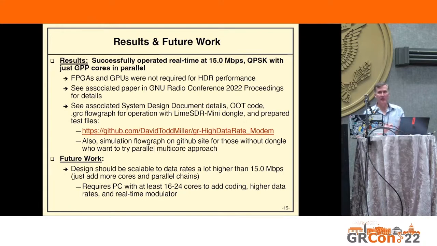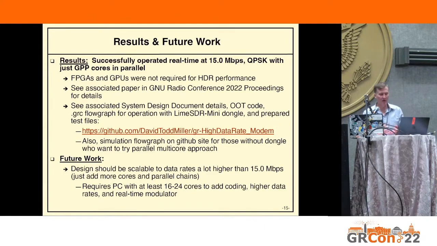I also put a simulation flow graph into the GitHub site. So if you don't have a dongle and you have 8 cores in your general purpose PC, you could still run this, and you should get to about 15 megabits per second. If you don't have 8 cores, only a few cores, you should still be able to run this. You'll just have to lower the data rate and not expect it to run as fast.